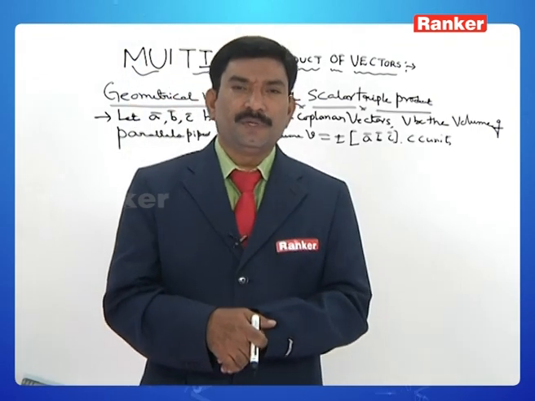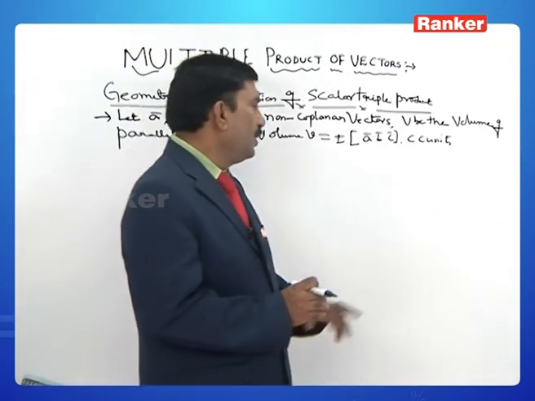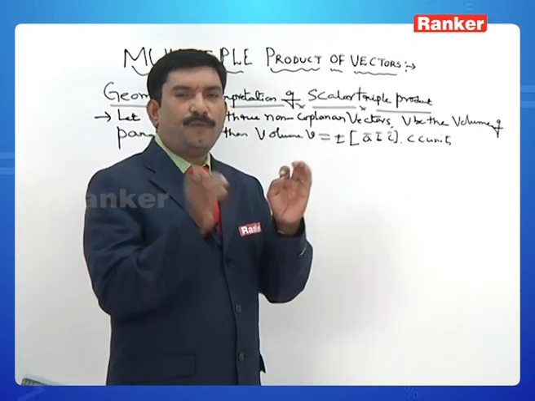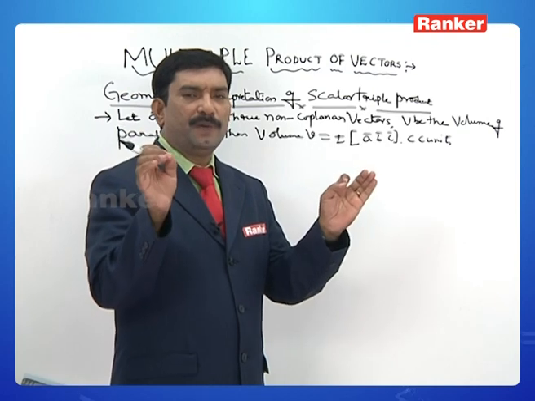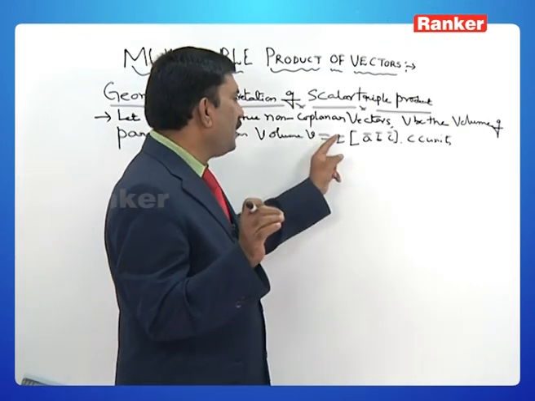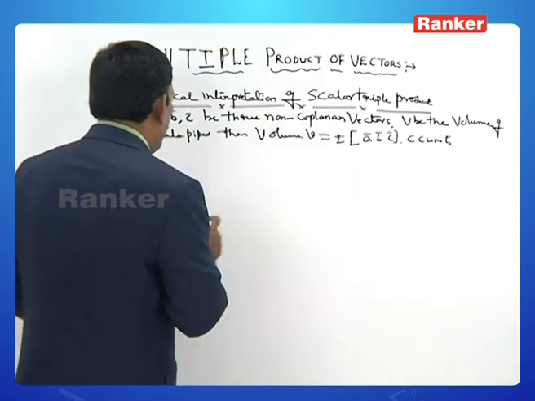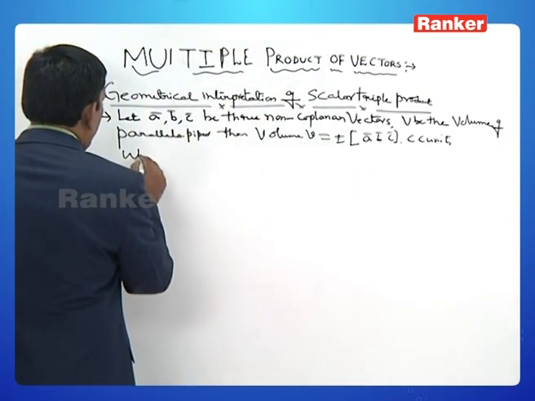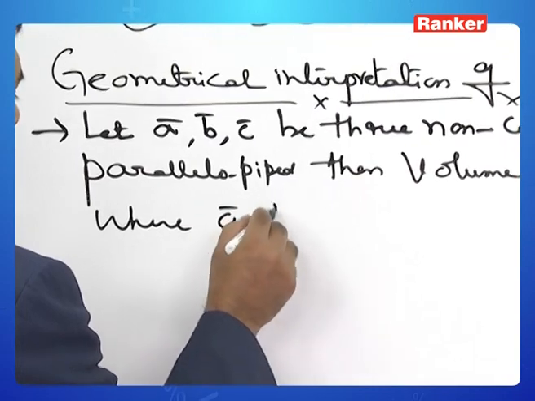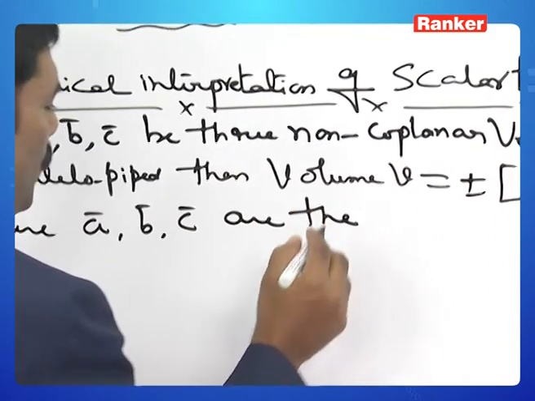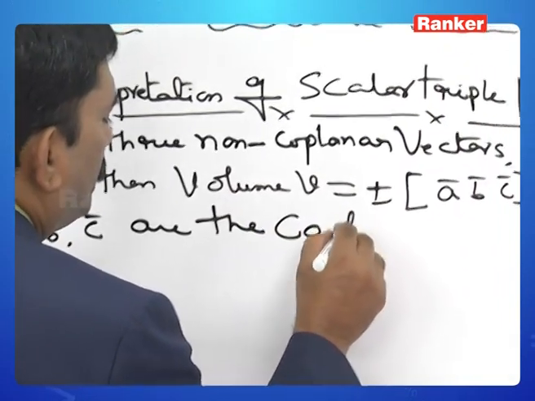Left-handed system. So on the whole, leaving aside the sign, it is the volume of a parallelepiped with A bar, B bar, C bar as the coterminous edges.